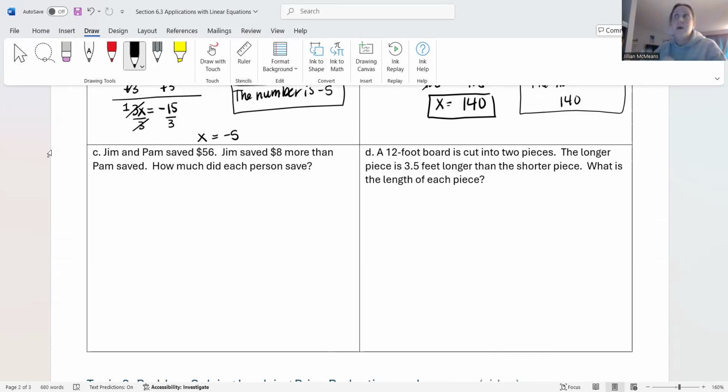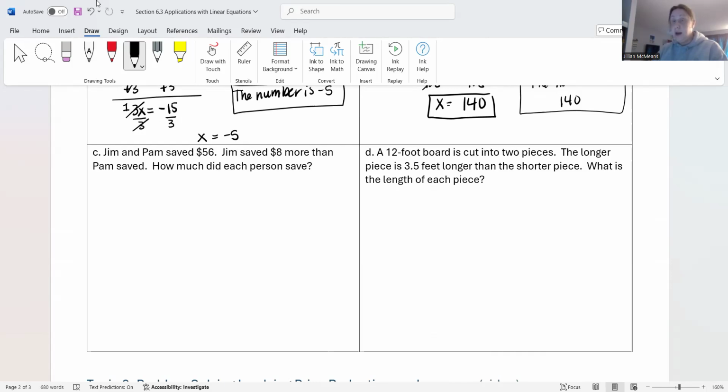Now, I will tell you, I have a very particular way that I solve problems like this. I have kind of a vertical setup. If you think of this horizontally, you could do a horizontal setup. I am absolutely fine with you doing these problems a little differently. However, here's the caveat. You must use algebra, okay?